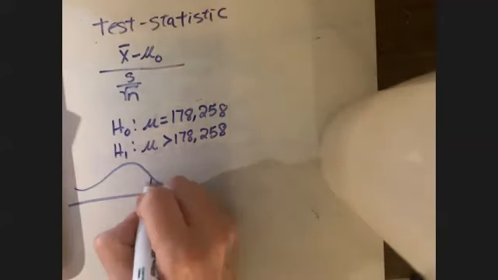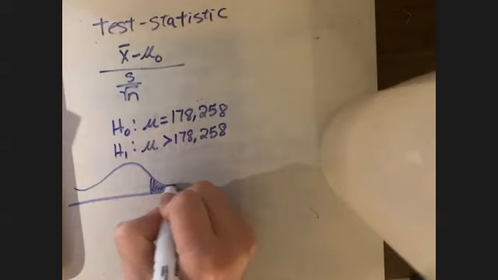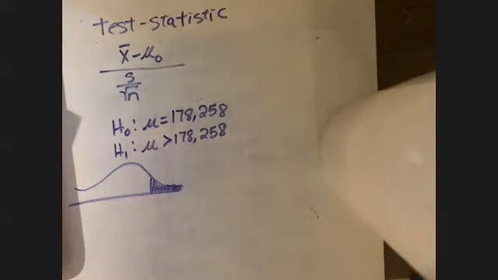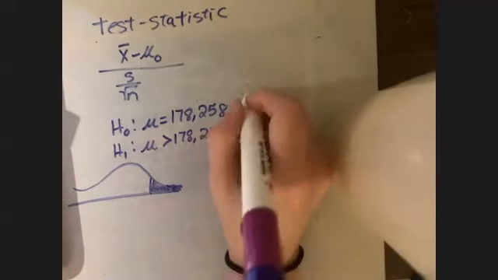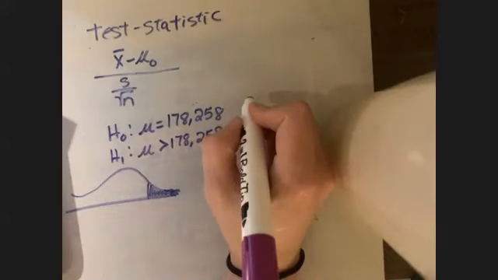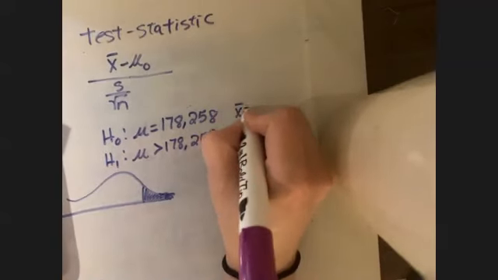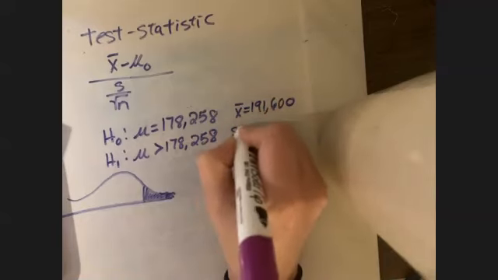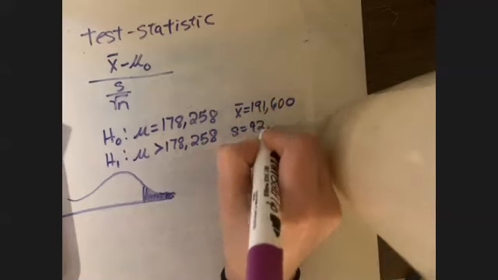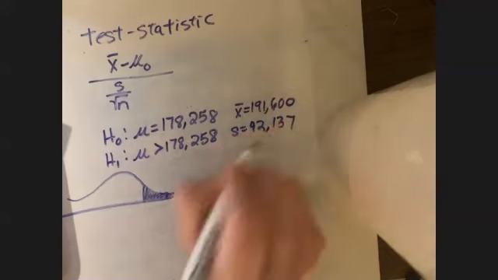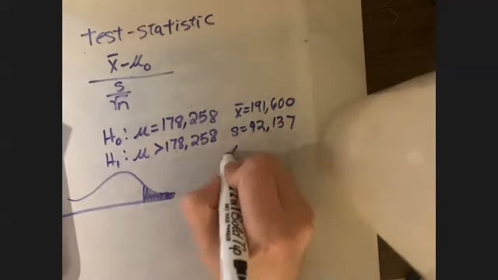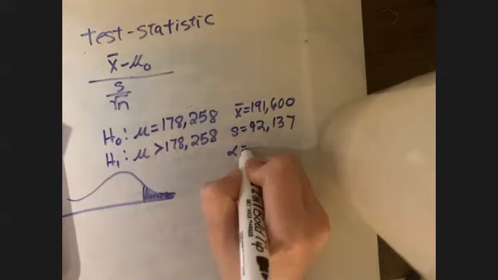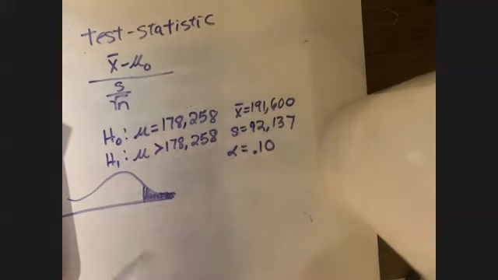We're on greater than, so that is a left-tailed test. Now, the other information that we have: X bar is 191,600. S is 42,137. And alpha they want me to use is 0.10.